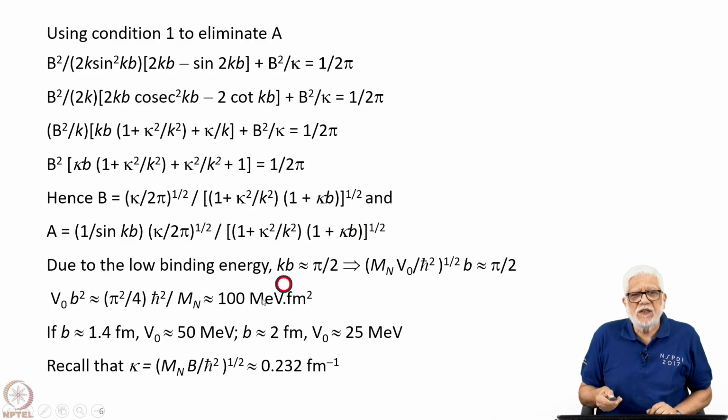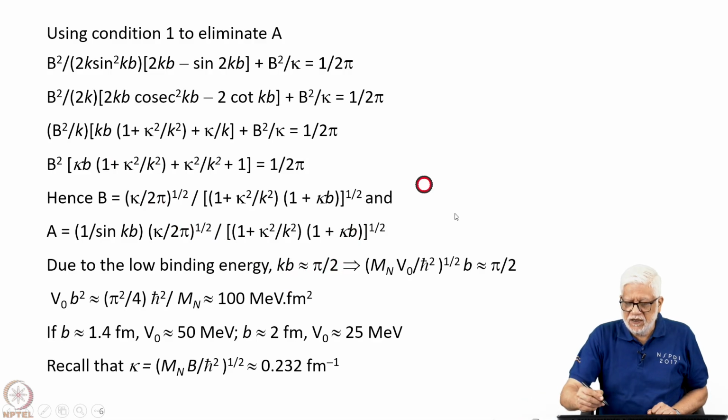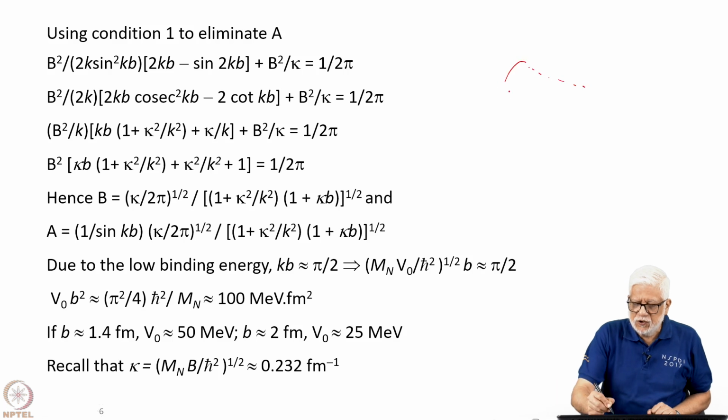Due to the low binding energy, kb is almost like pi by 2. So you have a wave function which basically goes like this and then is matched to a wave function which is exponentially decaying. So this is b, and this is for r greater than b.